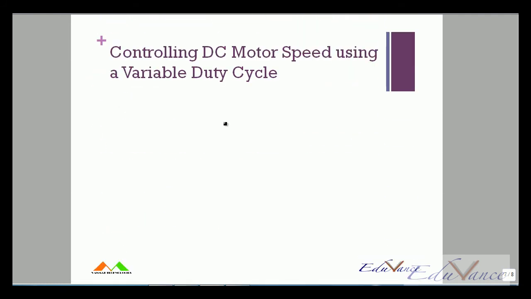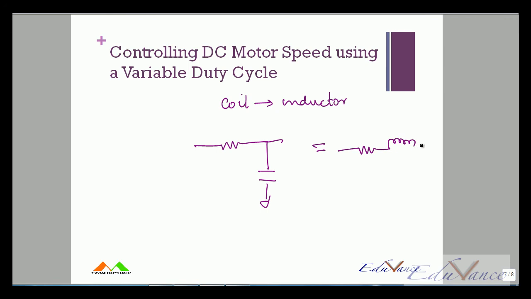We know that the motor has a coil. The coil is nothing but an inductor. A parallel RC circuit is equivalent to a series RL circuit, where your L is an inductor and R is a resistor.